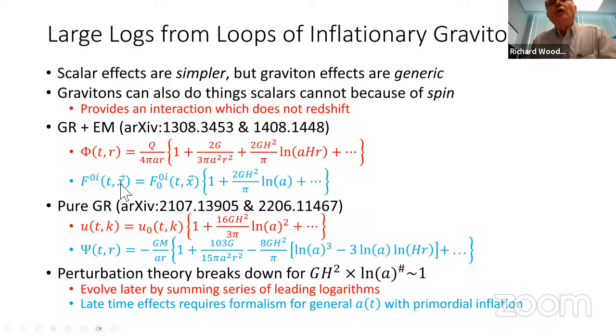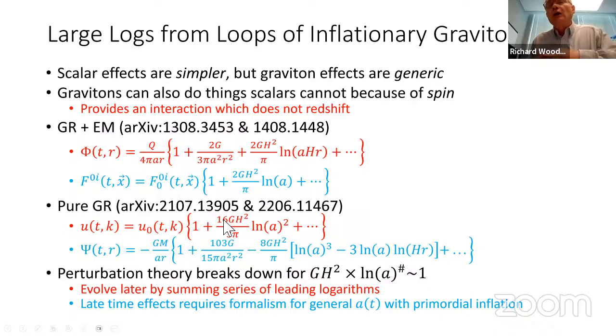Another calculation of the field strength of a plane wave photon was done with Wang Chonglong, and that also has a secular logarithm. Pure GR was done with Nick Samus and Lin Tao Tan, and there we calculated again the mode function, just like here, and the Newtonian potential.